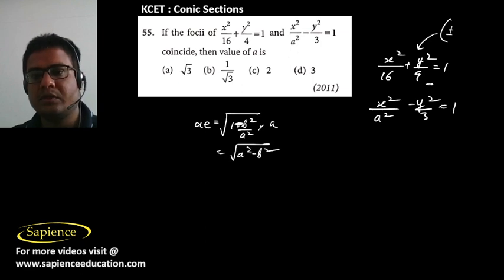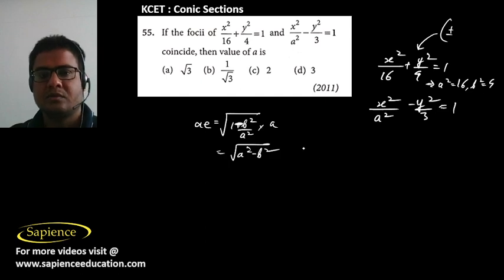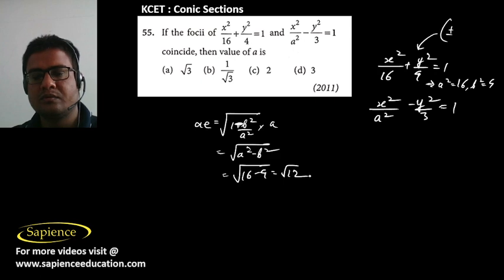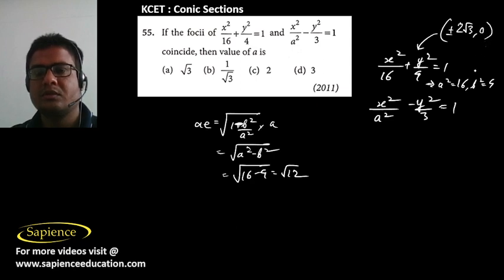Here a square is 16 and b square is 4, so this will be 16 minus 4, that is root 12, so the foci are plus minus 2 root 3 comma 0.